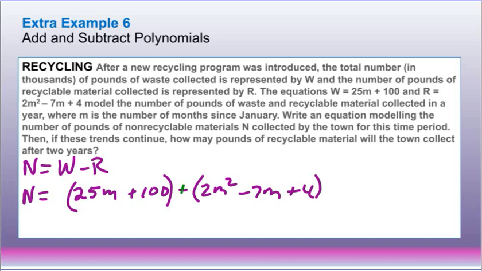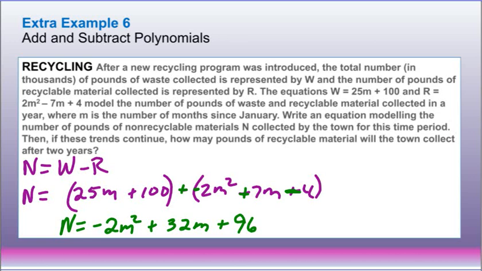When I'm subtracting it, I change the signs. So now, putting this in standard form, I would have negative 2M squared plus 32M. 100 minus 4 is a positive 96. That would be our equation that we're going to be using.